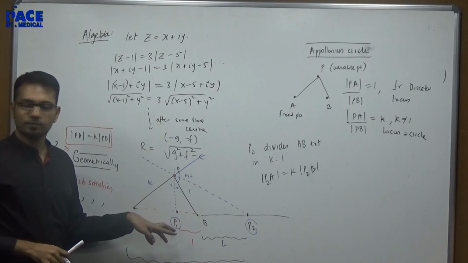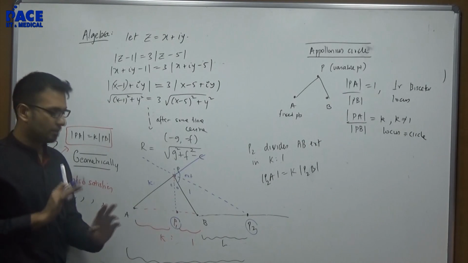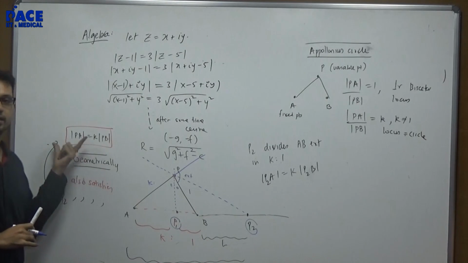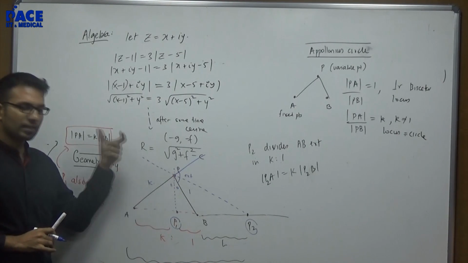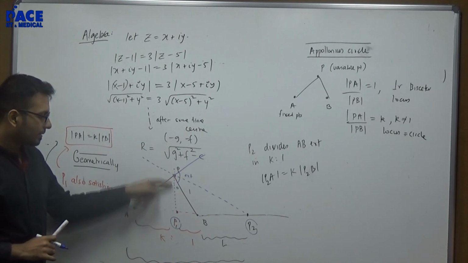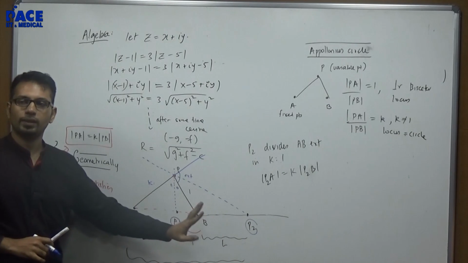Are you getting it? Okay. So let me summarize this. P1, P2 are 2 points which satisfy this condition. P is also a point which satisfies the locus. And the internal angle bisector meets here, the external bisector meets over here.